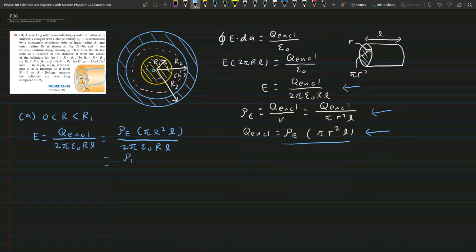The pi cancels out, R cancels and L cancels. We get rho E R over 2. This is the answer for A.